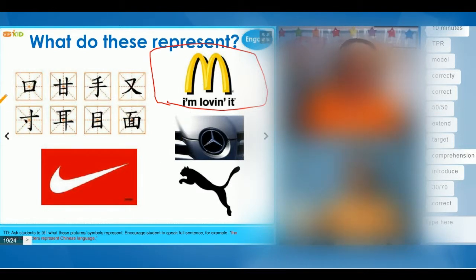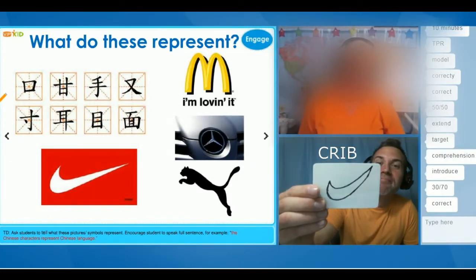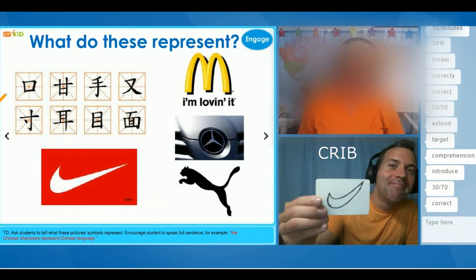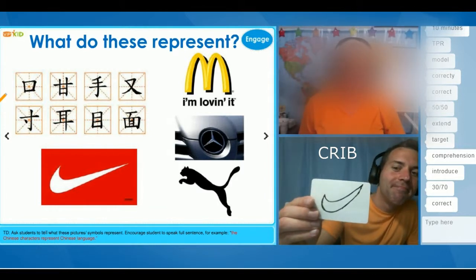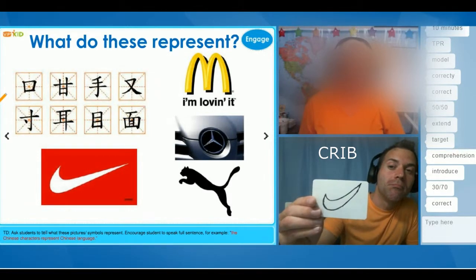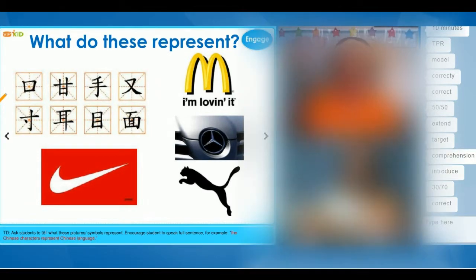Good. And what's this? Nike. Yes, this represents Nike.